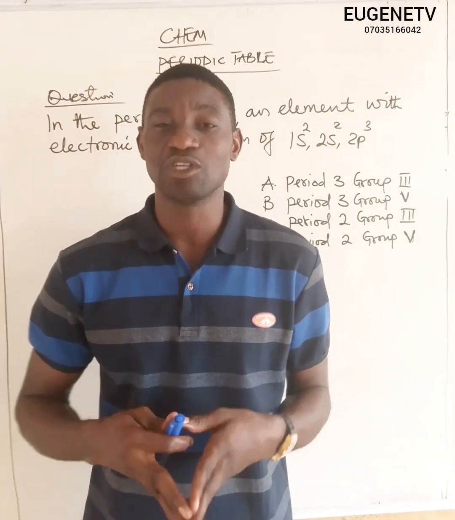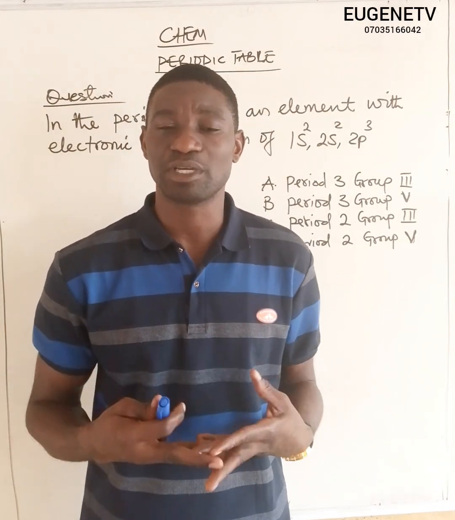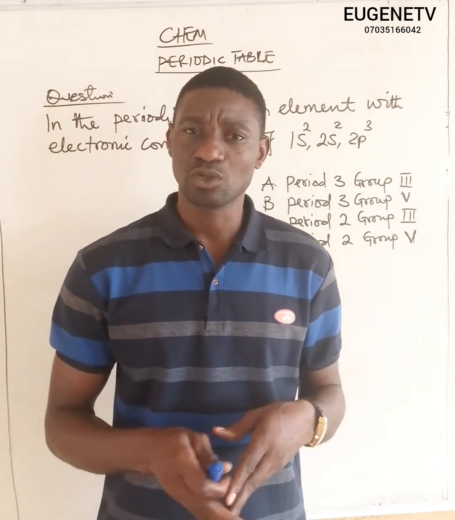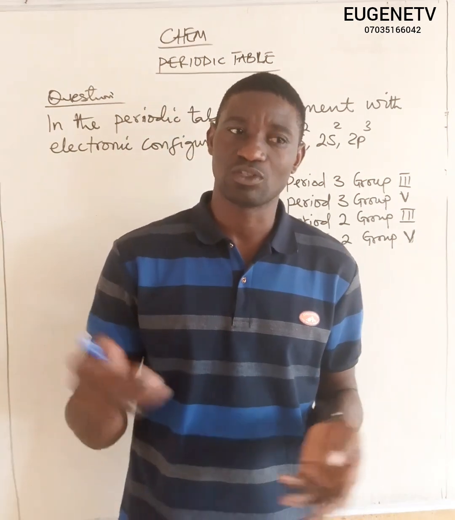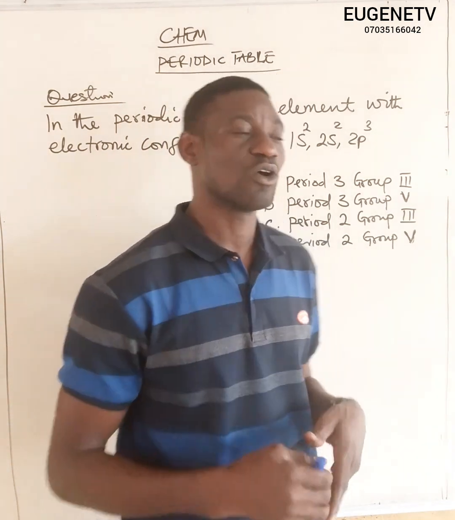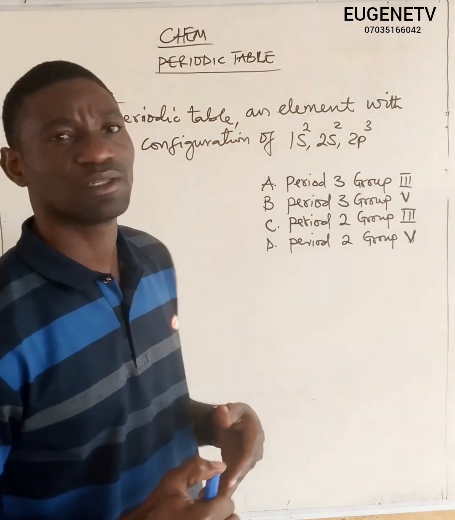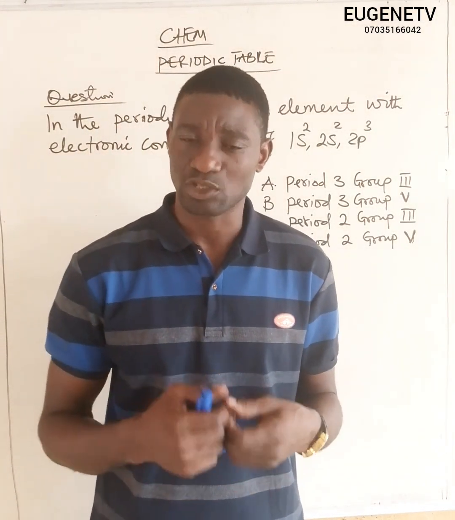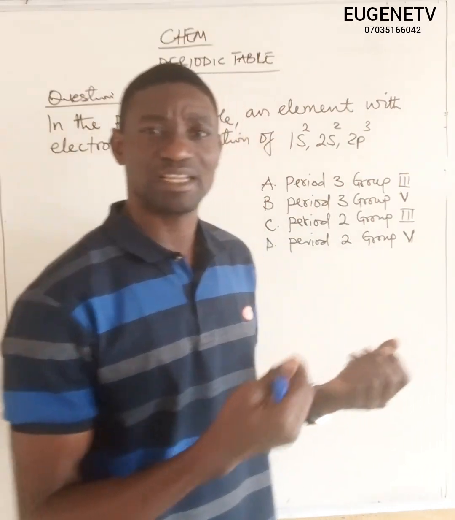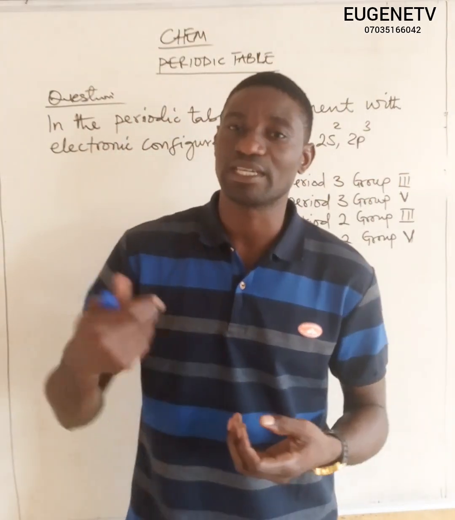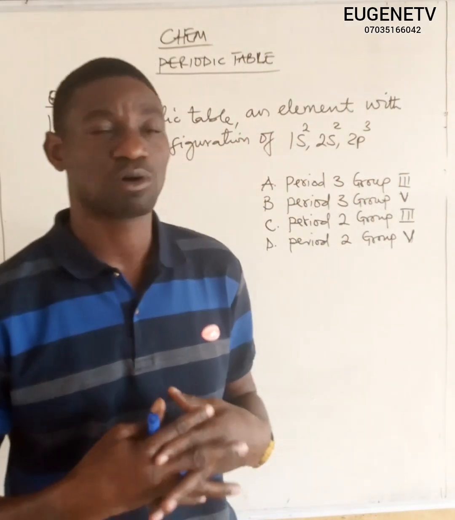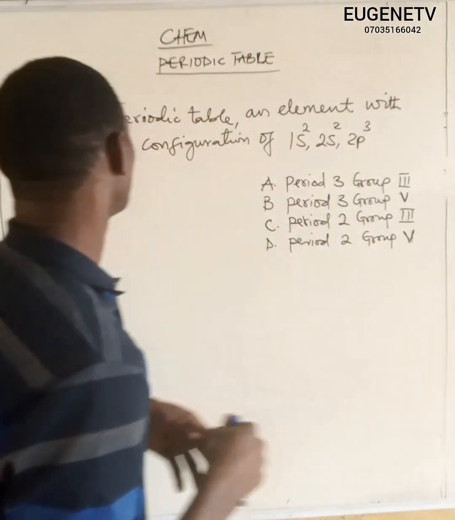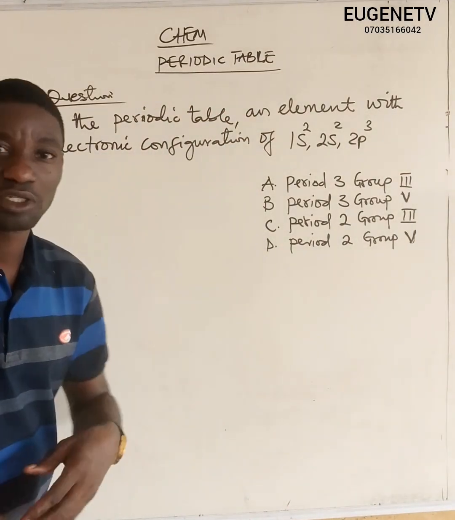It is the tabular arrangement of elements into vertical sections and horizontal columns. Or we can say that the periodic table is the arrangement of elements in increasing order of atomic number. That is, whenever you arrange elements by how their atomic number increases, what you are doing is called the periodic table.